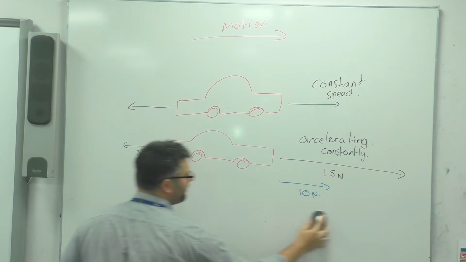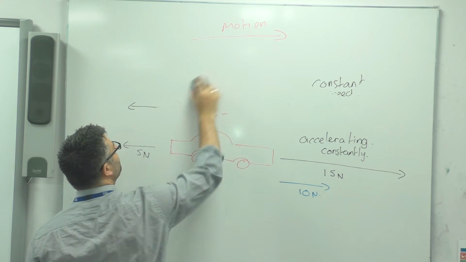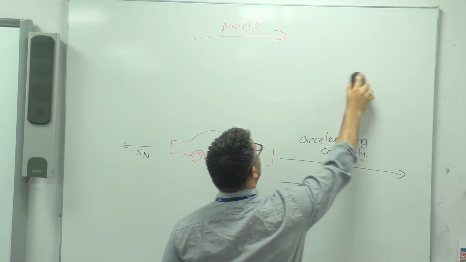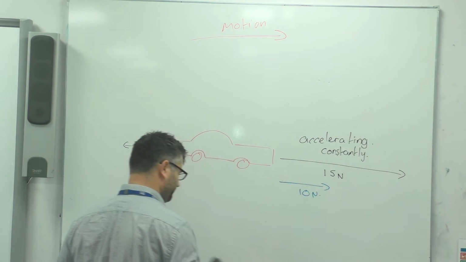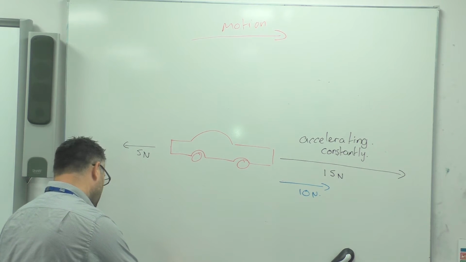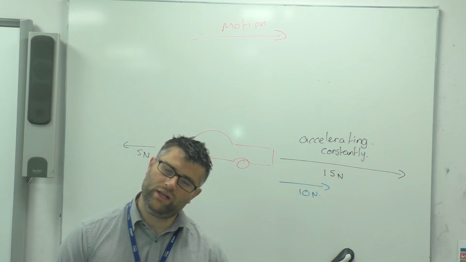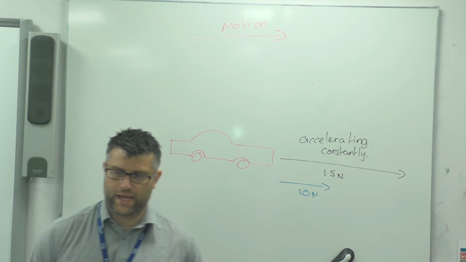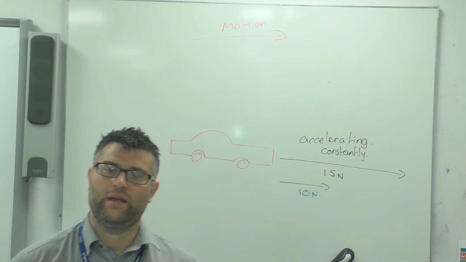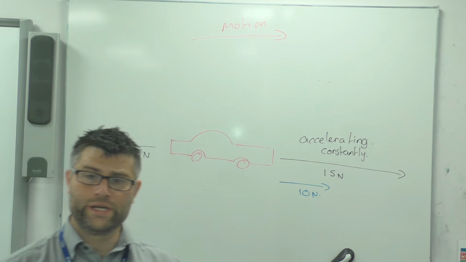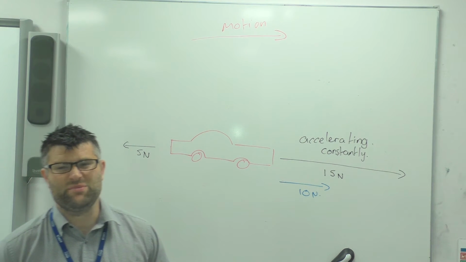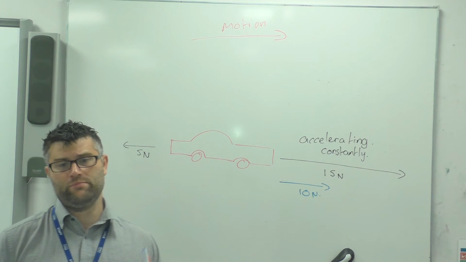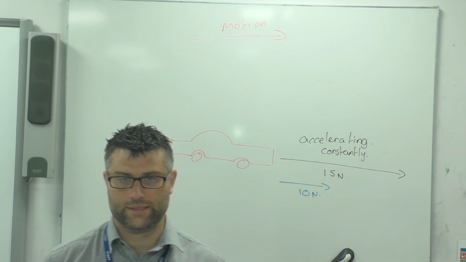I'm going to leave the middle one on the board. So, in your GCSE studies, you will have learnt what the unit for force is. It is the Newton. 1 Newton allows for 1 kilogram of mass to be accelerated by 1 meter per second.